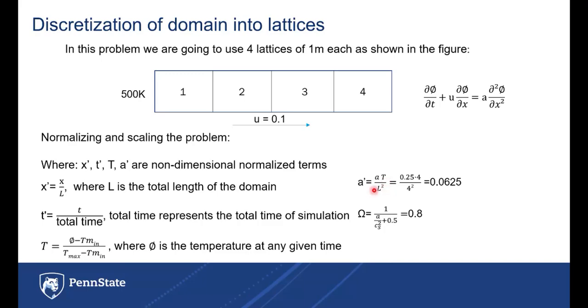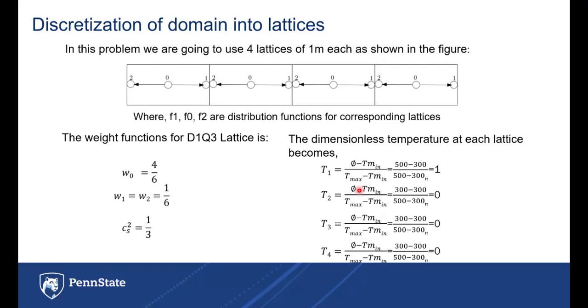And the alpha prime means the value for the thermal diffusivity, and the omega means the relaxation time for this problem. And in this slide, you will see for each lattice their distribution functions.